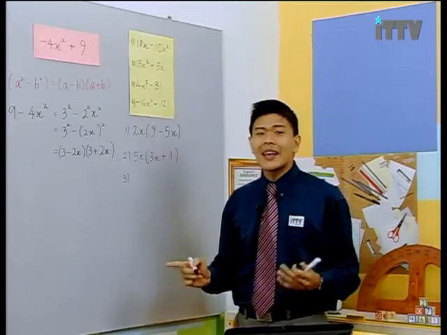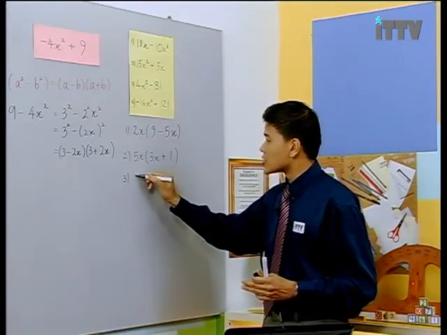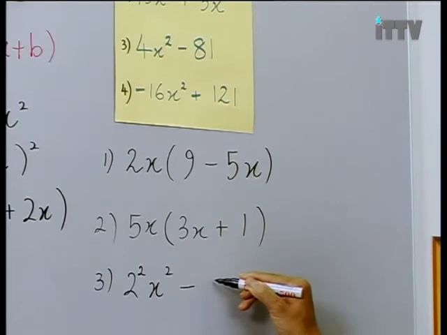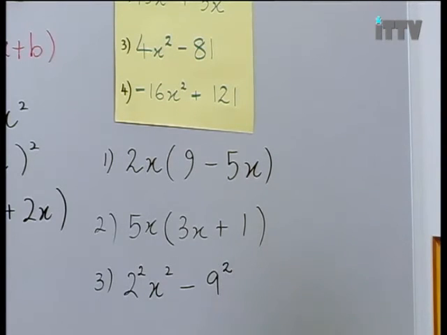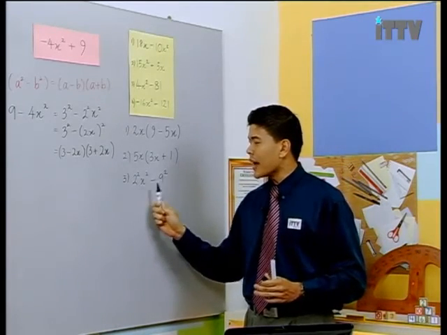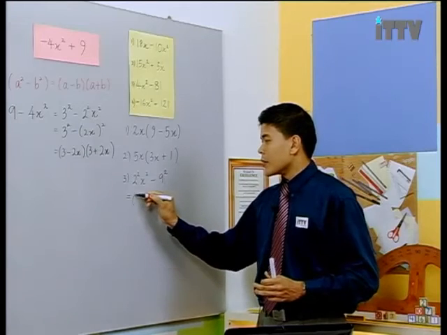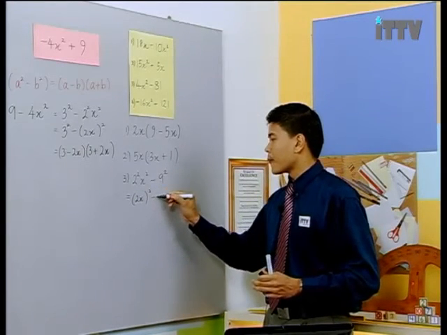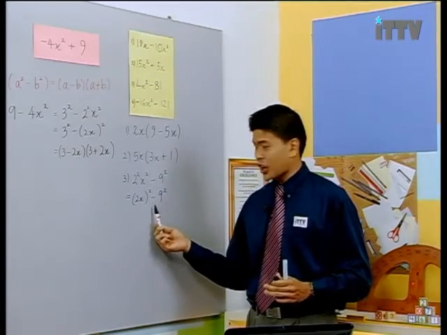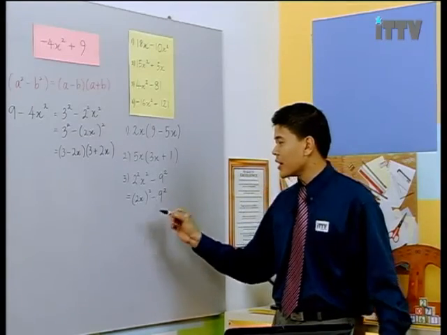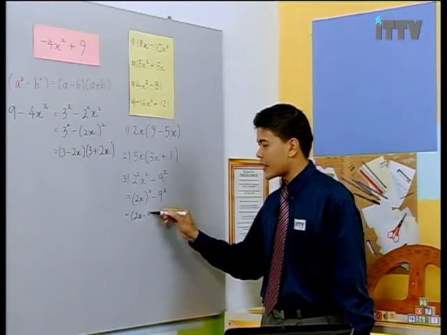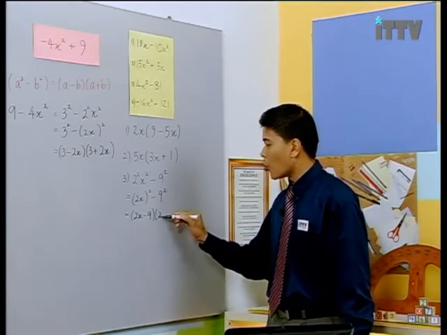So now rewrite it as perfect squares. 4x squared is 2x all squared, and 81 is 9 squared. Remember, it must always be minus in the middle. Apply the identity. If there is a subtraction of one perfect square from another, you don't have to take out anything. Immediately use the identity. One is a minus, one is a plus.